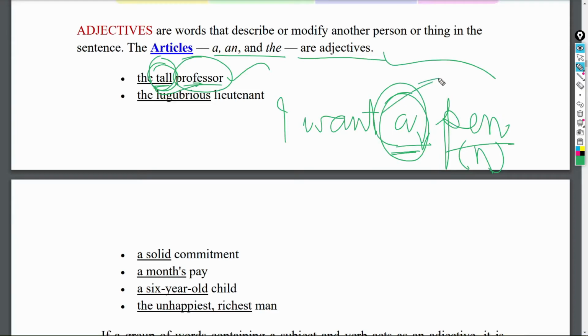It is talking about the number. Therefore, this a is the defining word, or the defining part of speech. Therefore, it is the adjective. Therefore, we can tell now that the articles are also adjectives. So let us go for this theory once again.